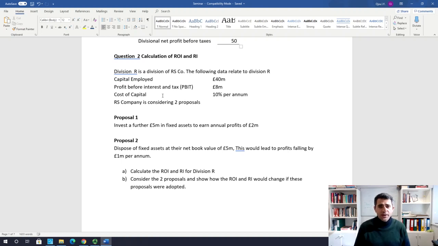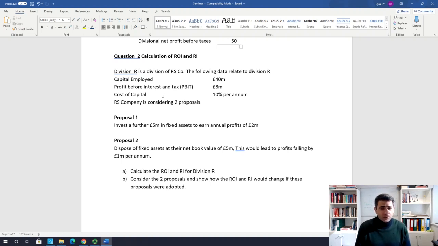So for this question, there are 2 proposals, proposal 1 and proposal 2. The question asks you to calculate the ROI and RI for division R. That's the first thing you need to do. And second, you need to consider the 2 proposals and show how the ROI and RI would change if these proposals were adopted.